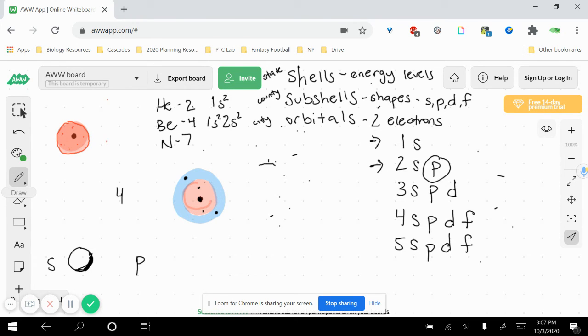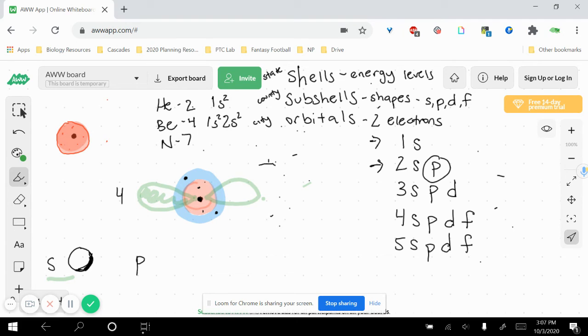So for a P subshell, people describe them like a dumbbell, but I think they actually look more like a peanut, which helps because then you can think of P as standing for peanut, the same way S stands for sphere. They kind of look like this.